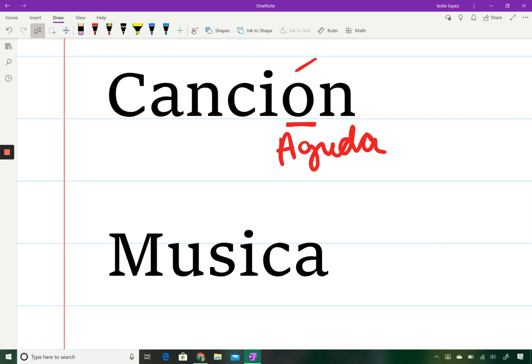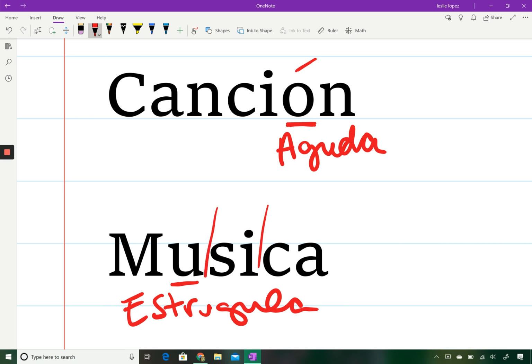As you can hear, música has a stressed syllable in the U. Thus, that makes it a palabra esdrújula. Why? Because the stressed syllable is the third. So música, 1, 2, 3. Thus, keeping with the rules of esdrújula words, it does need an accent mark.